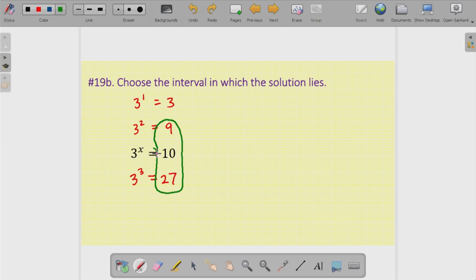I've found a power of 3 that's smaller than 10, and a power that's larger than 10. So it must be the case that x is smaller than 3, but larger than 2. On the number line, x lies somewhere in the interval strictly between 2 and 3. Shabam. John, take it away with part C.